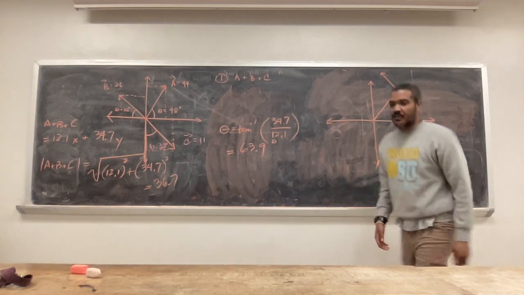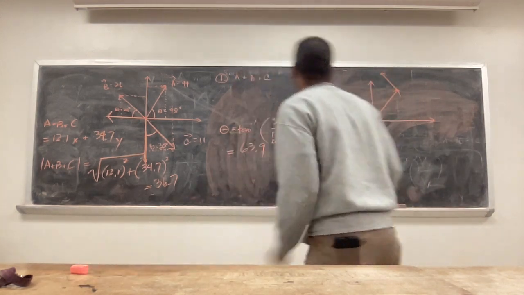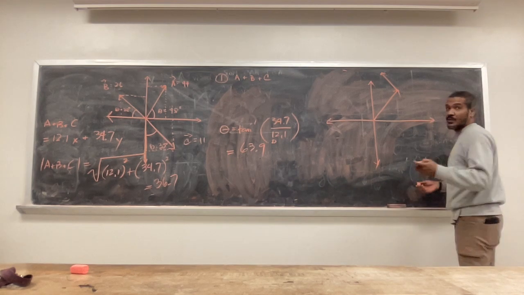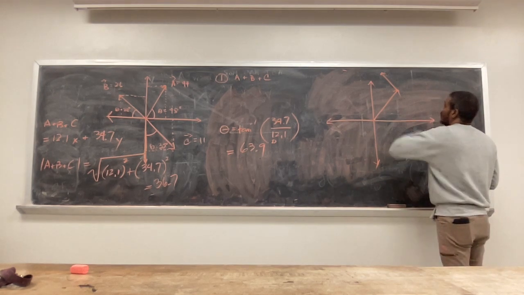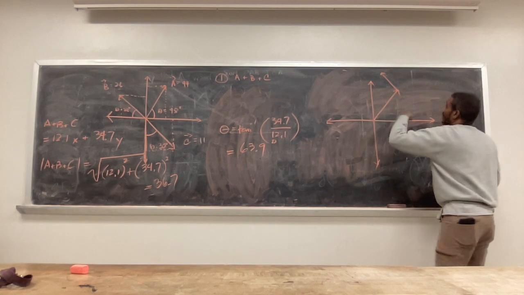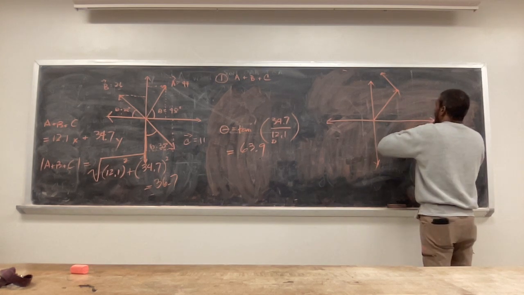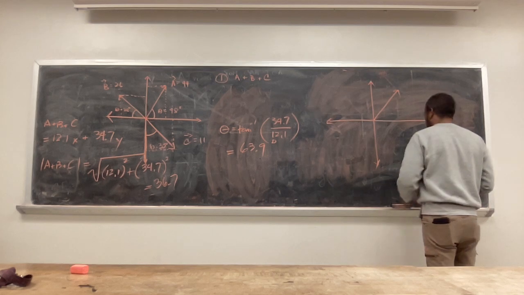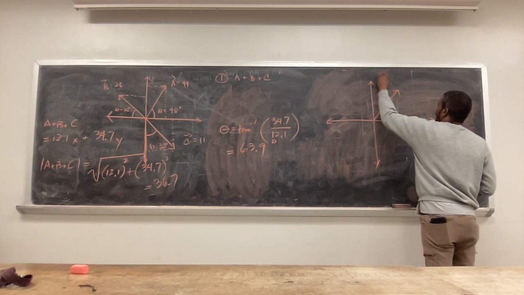Maybe I should have a different color chalk. I don't have enough for three, but this is three vectors. Well, maybe I'll make this one dashed. So this is B, let's make B a dashed white.